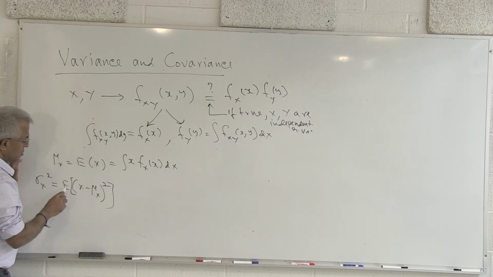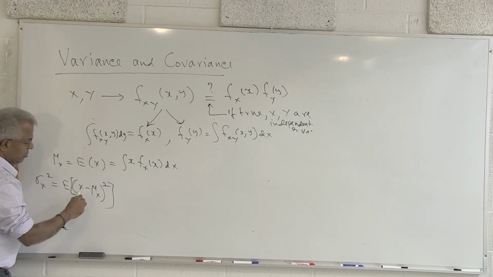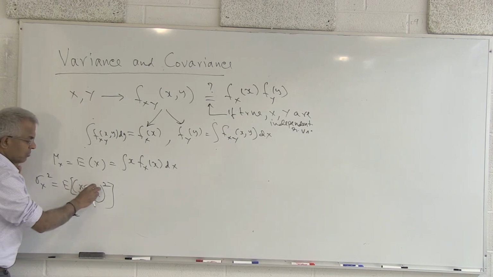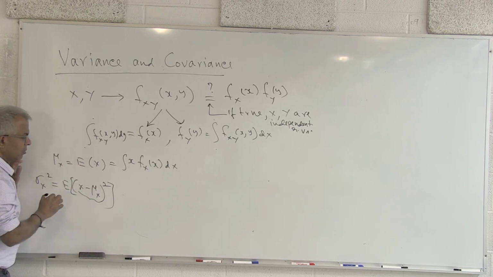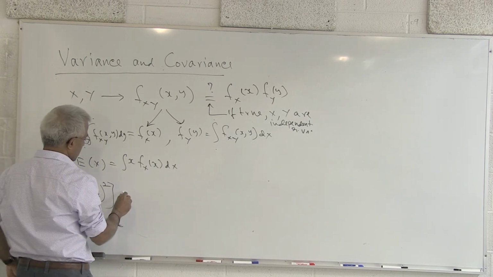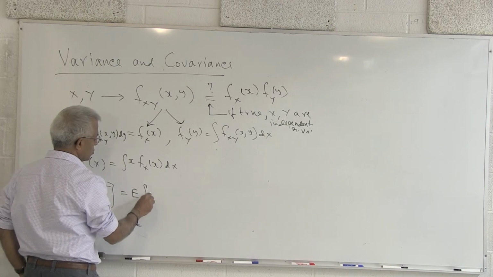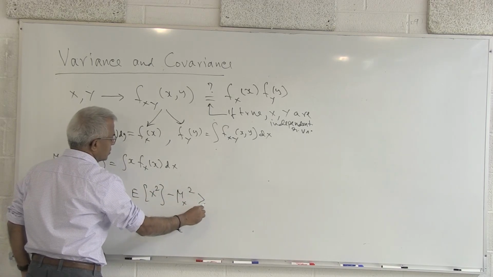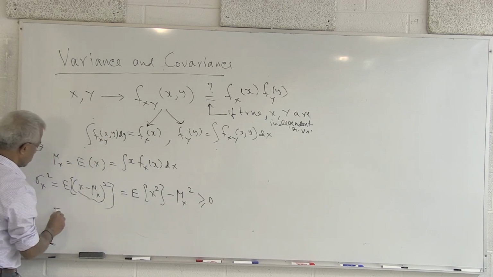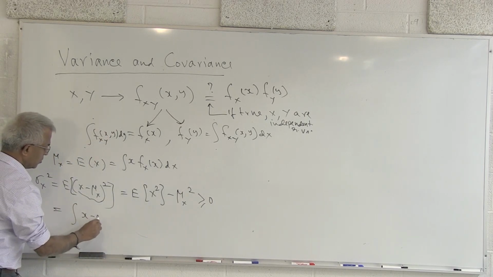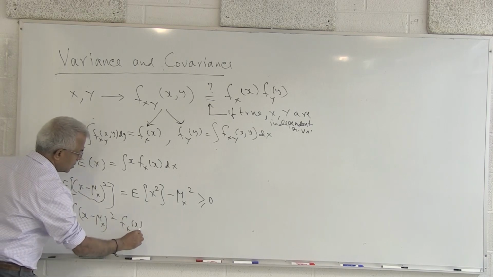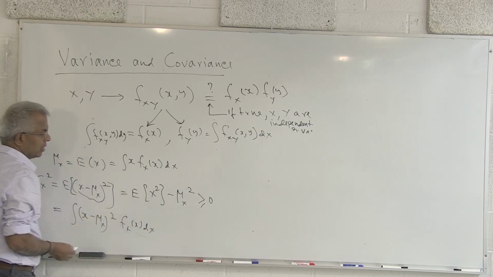So in a sense, this is mean square. If you want to call this an error, this is a measure of the mean squared error of the observations with respect to its average value, or the mean. In any case, if you expand this, you can compute it many ways, or you just do it directly, which is x minus mu x, the whole squared, fx of x dx. So this you can do for x and y.